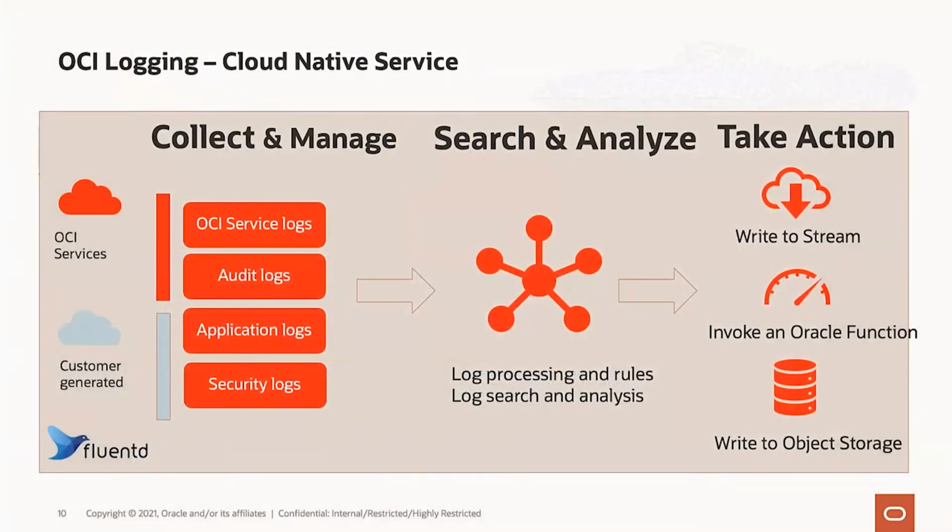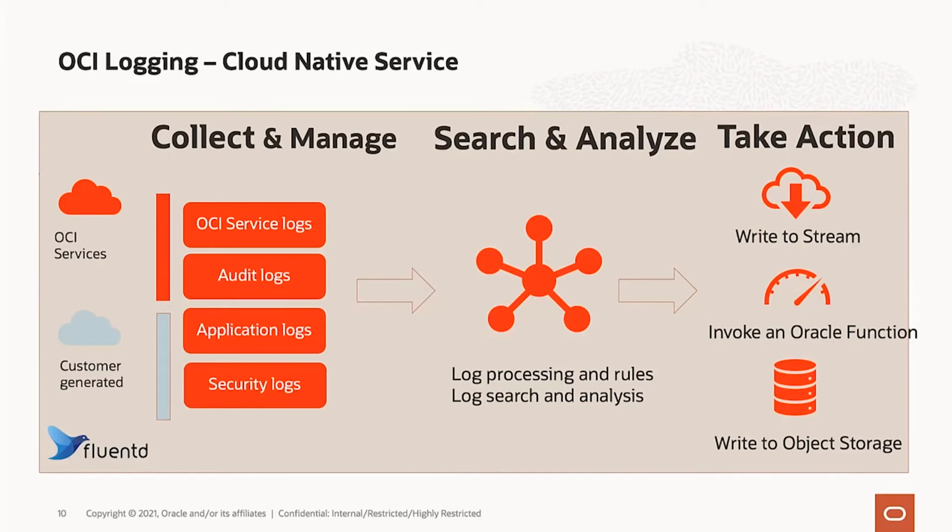So what OCI logging gives us as a service is a way to see all of the things that have happened, all of the things that have been written to logs, and to collect them together and manage them, not just for the OCI services, where it will collect the service logs, as you saw for API Gateway, where it will collect the audit logs, but also customer generated logs.